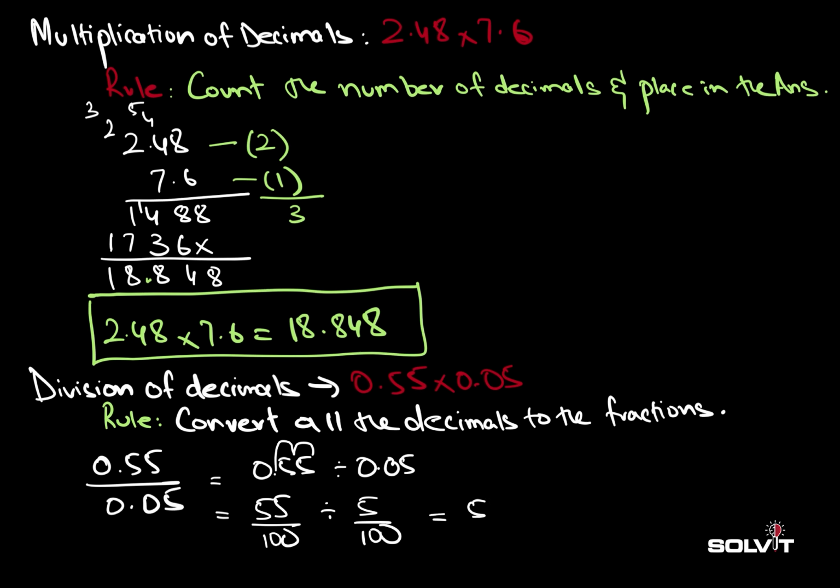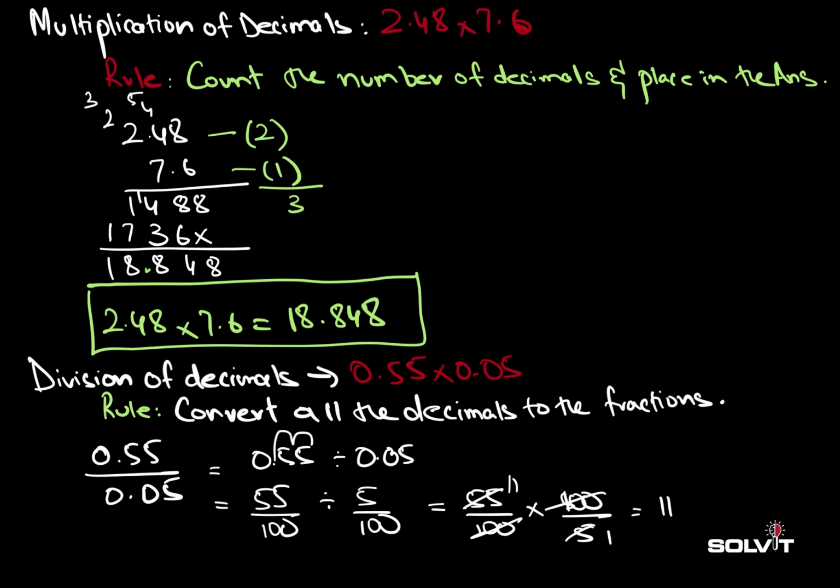So now I can write it as 55 over 100 multiplied by 100 upon 5, since I am changing the sign of division into multiplication, so I will reciprocate. So now let's cancel this and this out. 5 ones are 5, 5 11s are 55, so the answer of this would be 11. At the start, the question seemed a little difficult because it was written in decimal, but we converted it into fraction and we solved it.